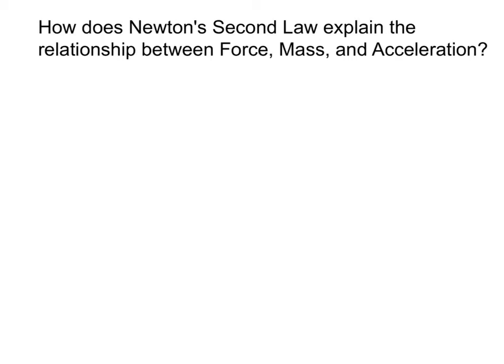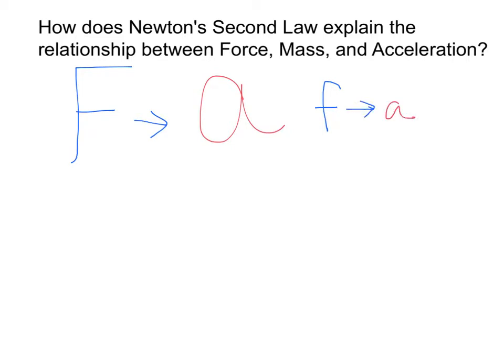How do we explain the relationship between force, mass, and acceleration using Newton's second law? What we know so far is that if you have a lot of force, you're going to get a lot of acceleration. If there is a small amount of force, you are going to get a small amount of acceleration.